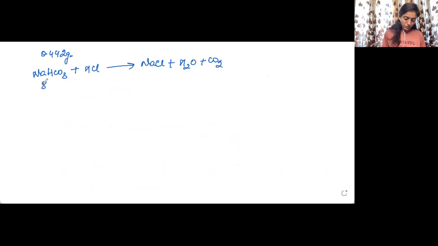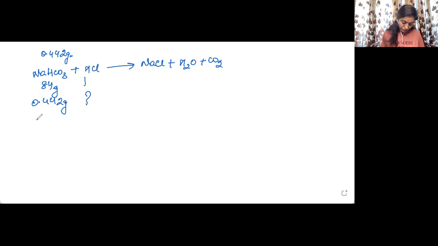Now the molecular mass came out to be 84. So for 84 gram we need 1 mole. For 0.442 gram, how many moles will be required?